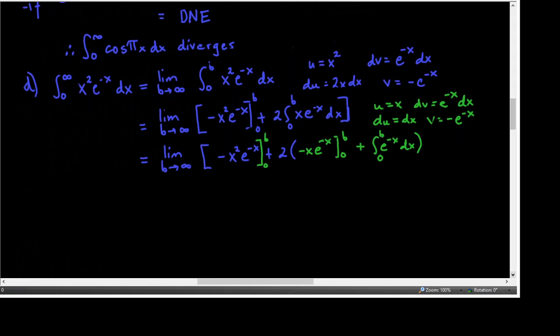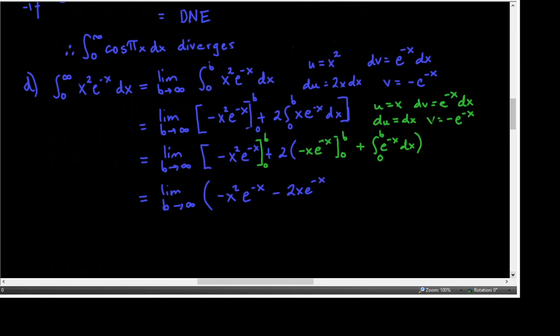All right, so this will be negative x squared e to the negative x, then distributing the 2 through, that'll be minus 2x e to the negative x.